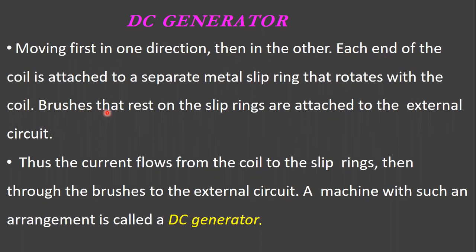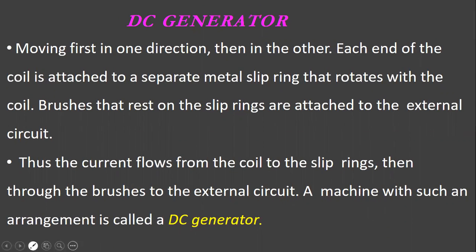The brushes that rest on the slip rings are attached to the external circuit. Thus the current flows from the coil to the slip rings, then through the brushes to the external circuit.